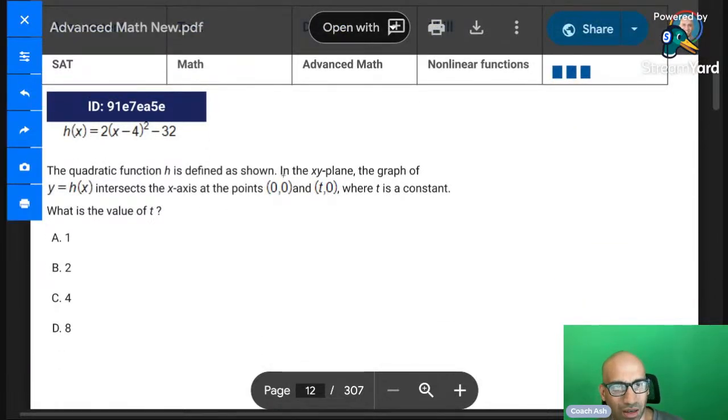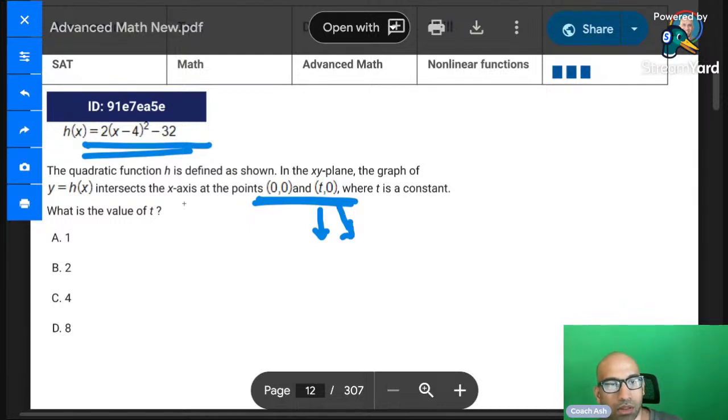They have given a lot of math here. The quadratic blah blah blah intersects the x-axis at this point. So the most important thing, and remember, this is a hard problem, so all you want to think about is this equation and these points, right? So what this thing means is the x value, wherever you see x, you put a t, and wherever you see a y, you put a 0.